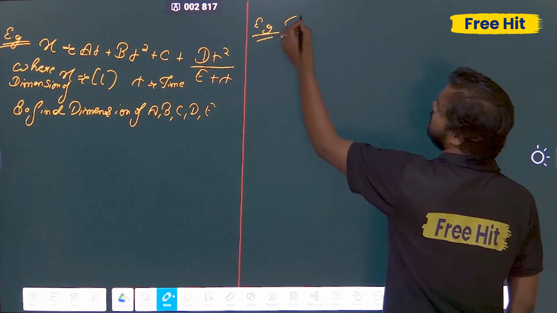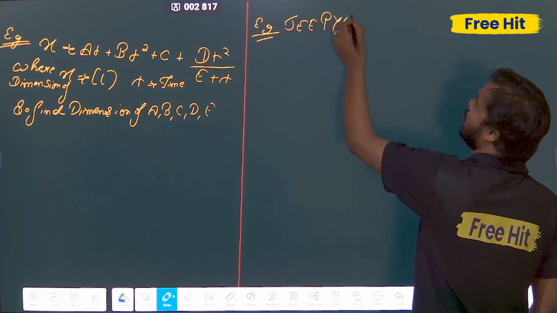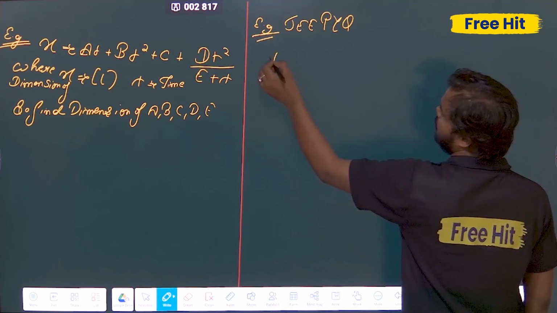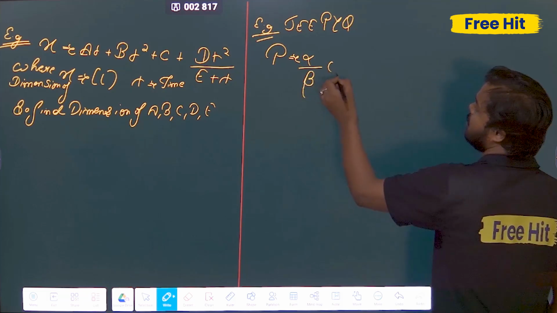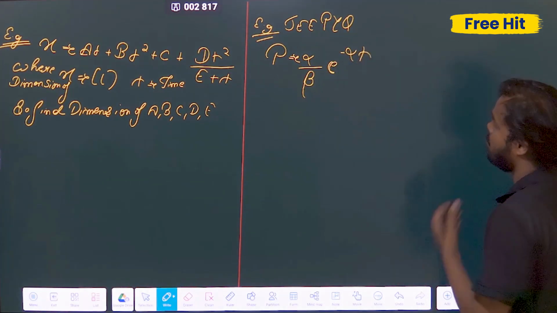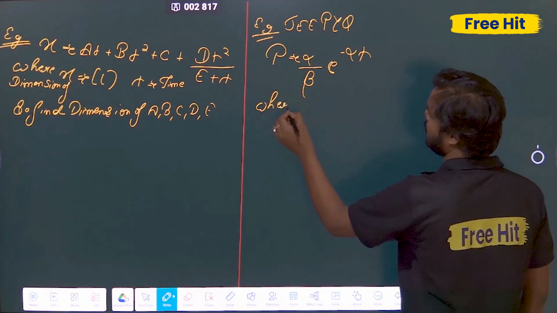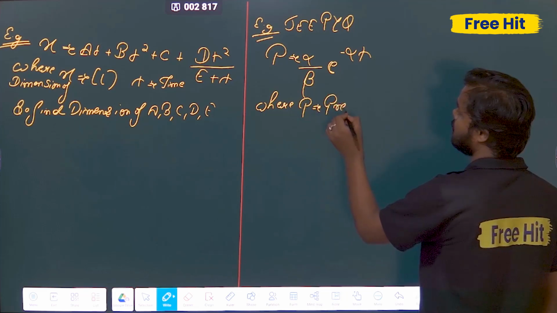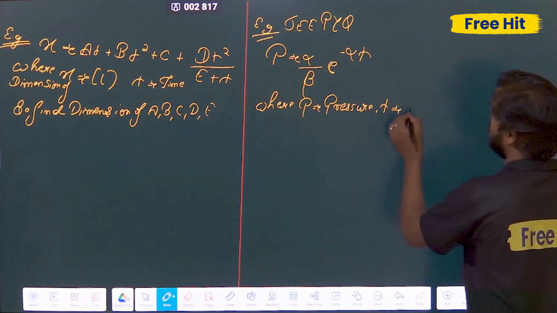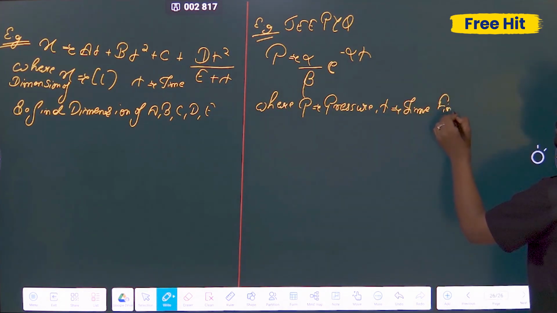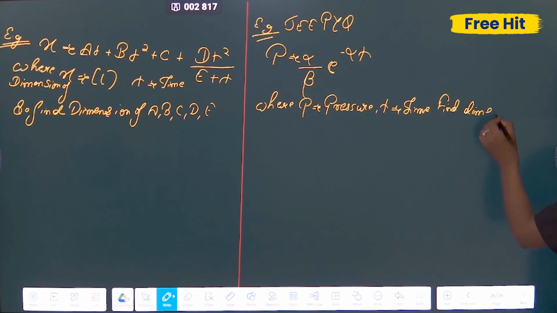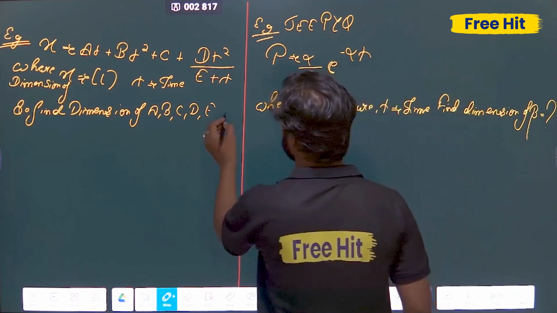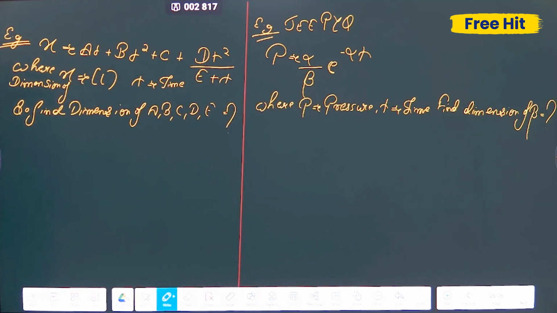Let me write one more question. It is a JEE previous year question. Okay, and the question is, P is equal to alpha by beta e to the power minus alpha t, where P is equal to pressure and T is time, and you have to find the dimension of alpha.